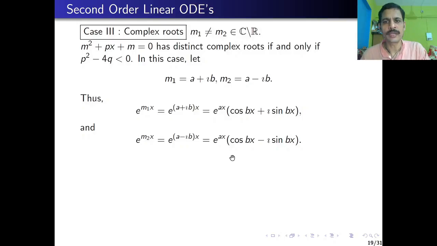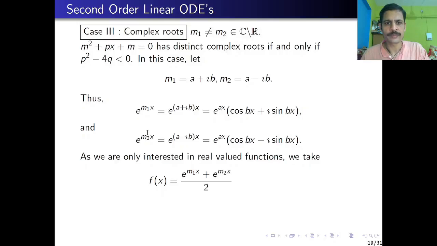To obtain a real valued function, what we do is we add these two and divide by 2. So if we add these two, the sine terms will cancel and we will get 2 times e raised to ax cos bx. We divide that by 2 and we get e raised to ax cos bx. So this is one real valued function which is a solution.